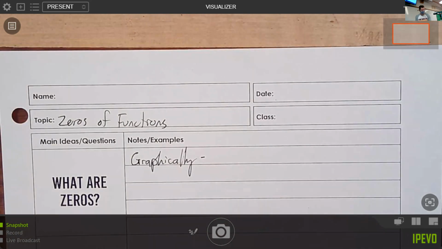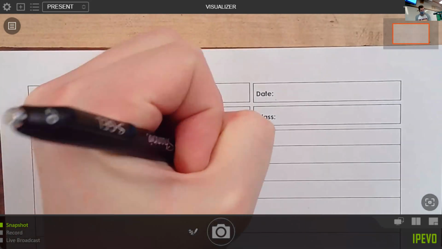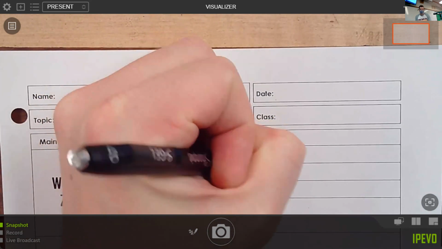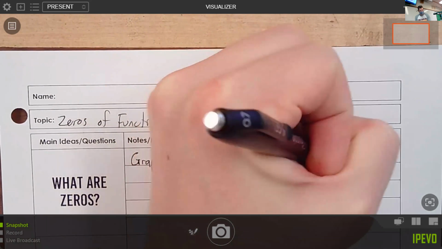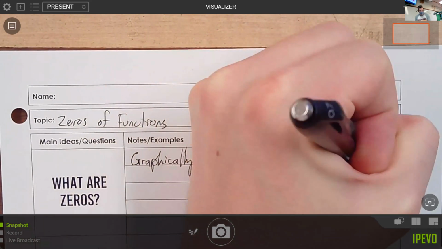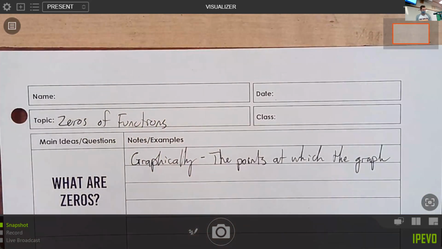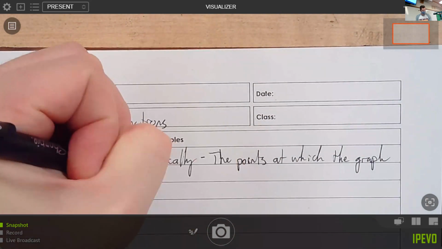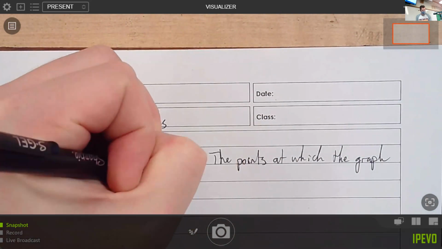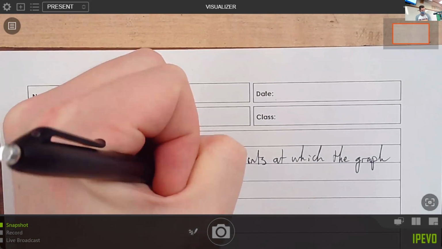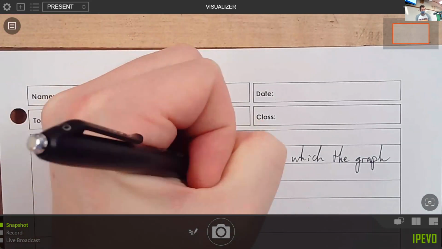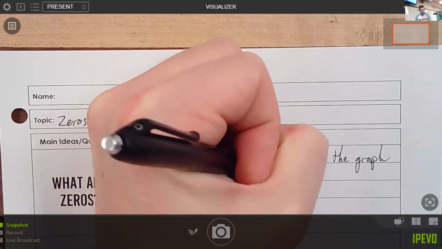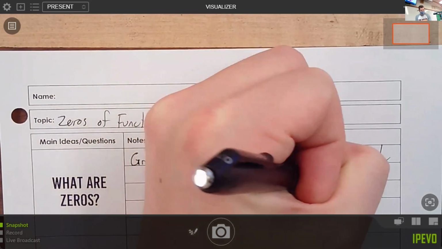Zeros are the points at which the graph crosses or intersects with the x-axis.